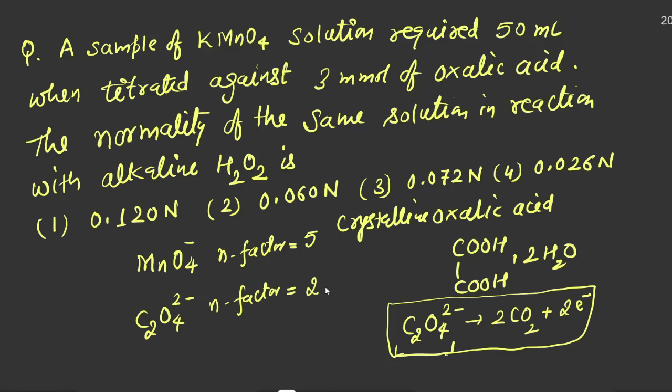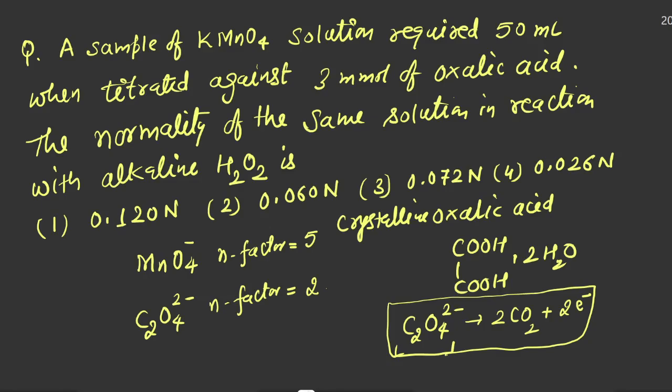So what is the normality? Normality in the oxalic acid case is 6 divided by 2.